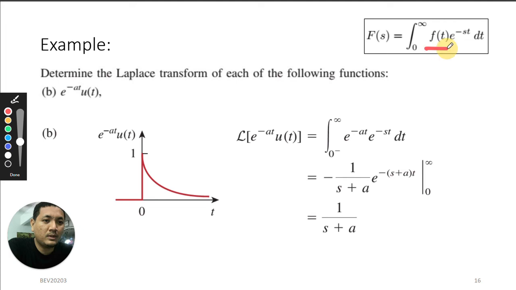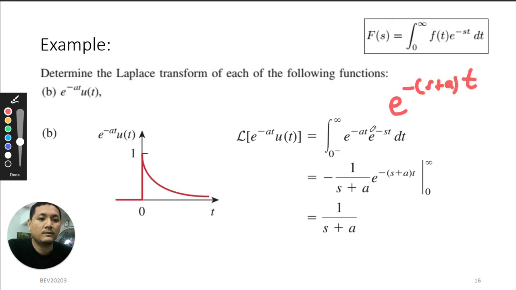Same thing, f(t) here is exponential negative at, multiplied with exponential negative st. We have two exponentials, so we can factorize here.